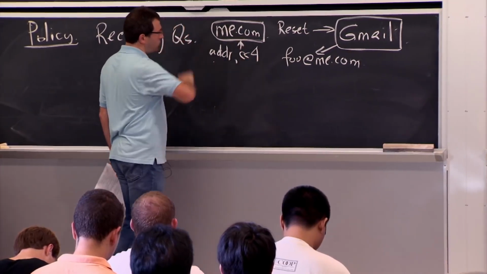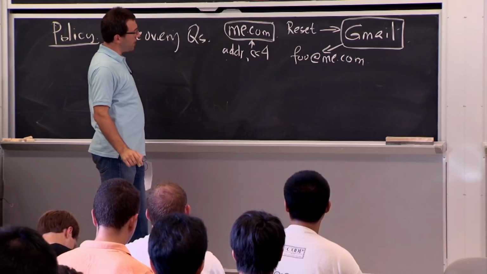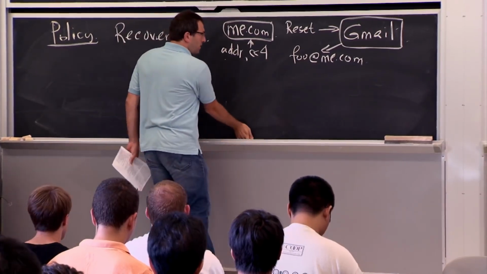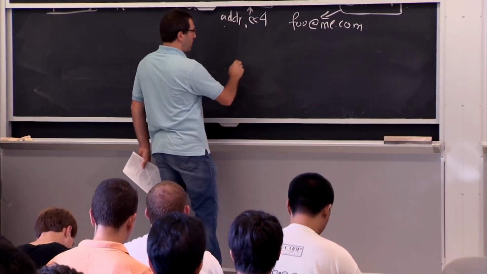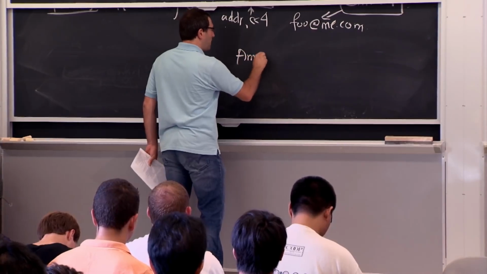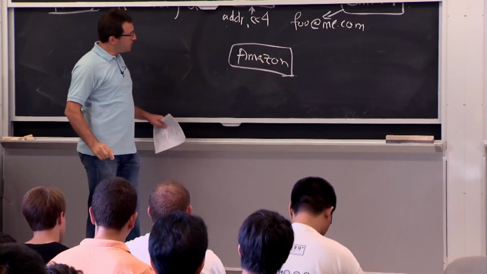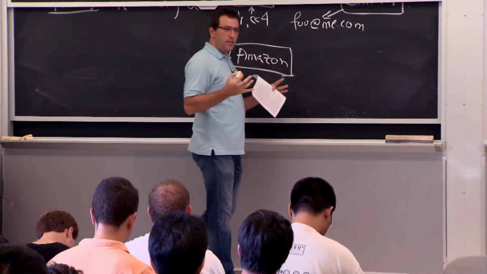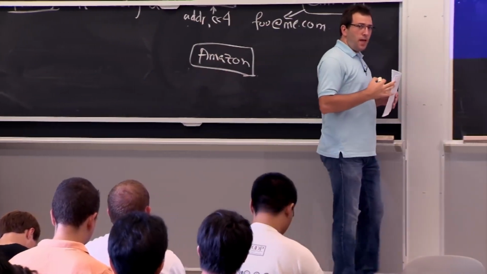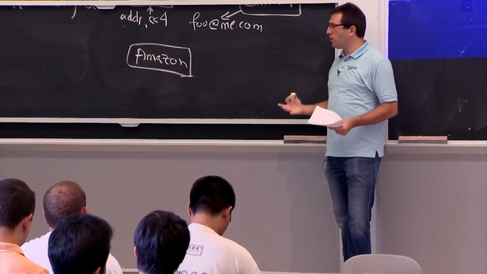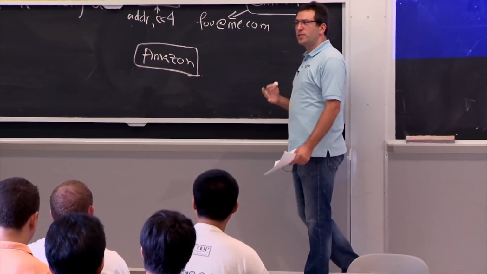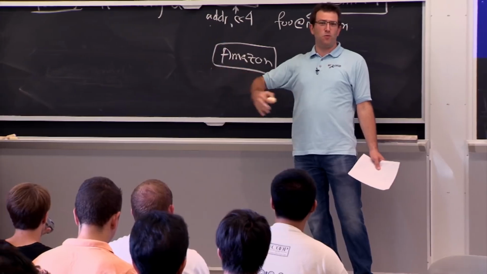So you need to send these things to me.com to get access to his email account there. Well, it turns out this guy had an account at Amazon, which is another party in this story. Amazon really wants you to buy things. And as a result, they have a fairly elaborate account management system. And in particular, because they really want you to buy stuff, they don't require you to sign in in order to purchase some item with a credit card.